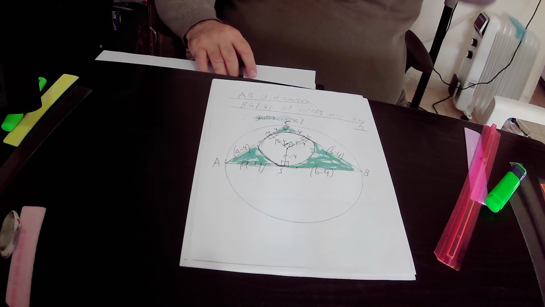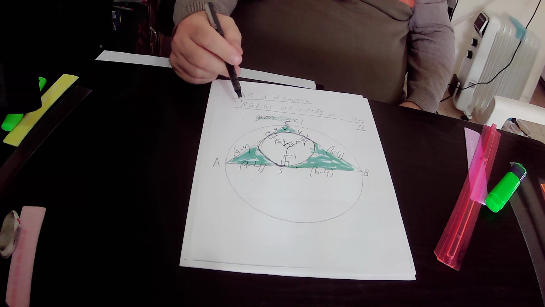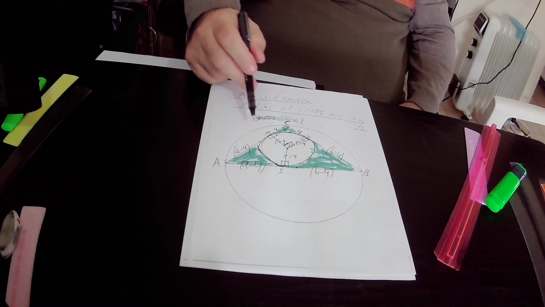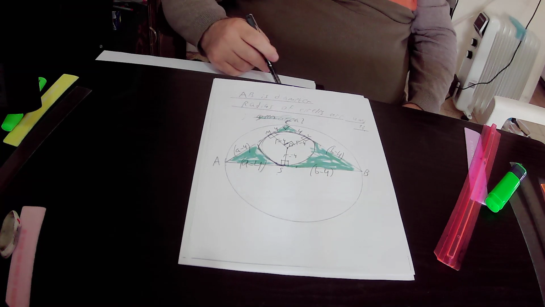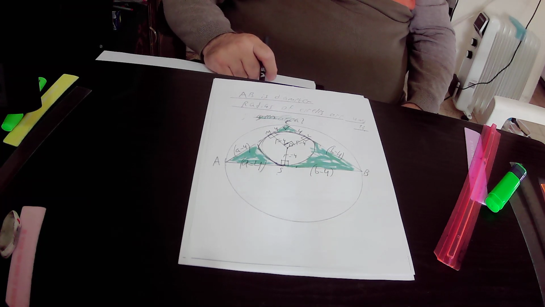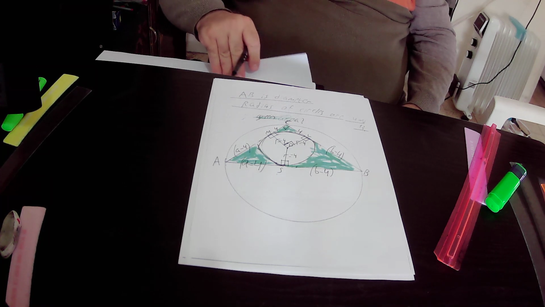So we know that triangle ABC is a right triangle because angle ACB equals 90 degrees. So we'll implement the Pythagoras theorem on the right triangle ACB.